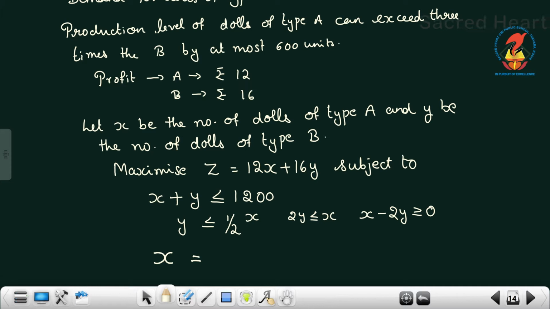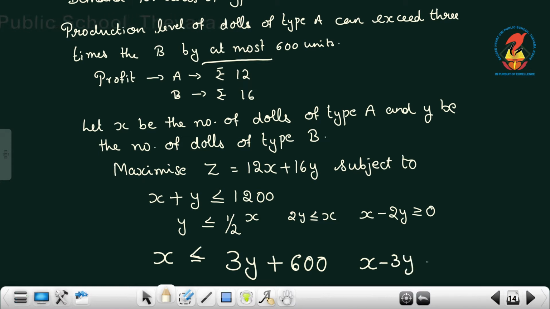The same way you can do here. Type A exceeds 3 times B, so 3Y, and the number is 600, that is plus 600. But here the sign is not equal, it is at most, so it is less than or equal. We can write X minus 3Y is less than or equal to 600.